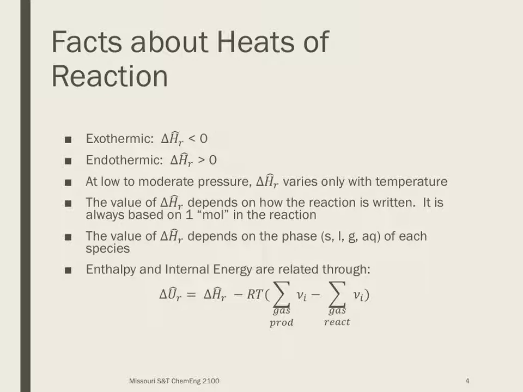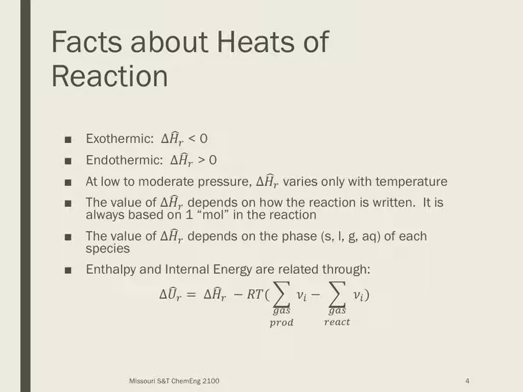So typically we can neglect pressure changes. Also, the value of delta HR depends on how the reaction is written. It's based on what is 1 mole in the reaction. Also is going to depend on the phase. So it might be solid, it might be gas, it might be aqueous, it has to be dissolved in water. For each of the species, that's going to make a difference.